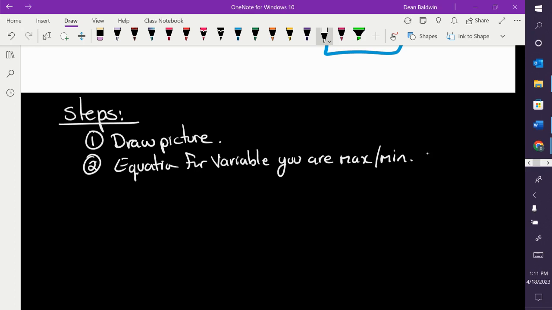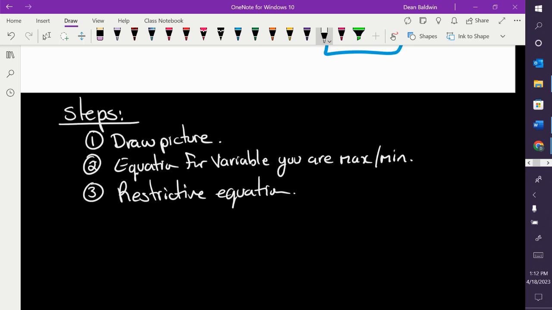Then you want to have an equation for the restriction. So they restrict your cost, or they restrict the amount of material, or the perimeter, things like that. So I'll call that the restrictive equation. That's where they give you a certain amount of material or a certain amount of money.